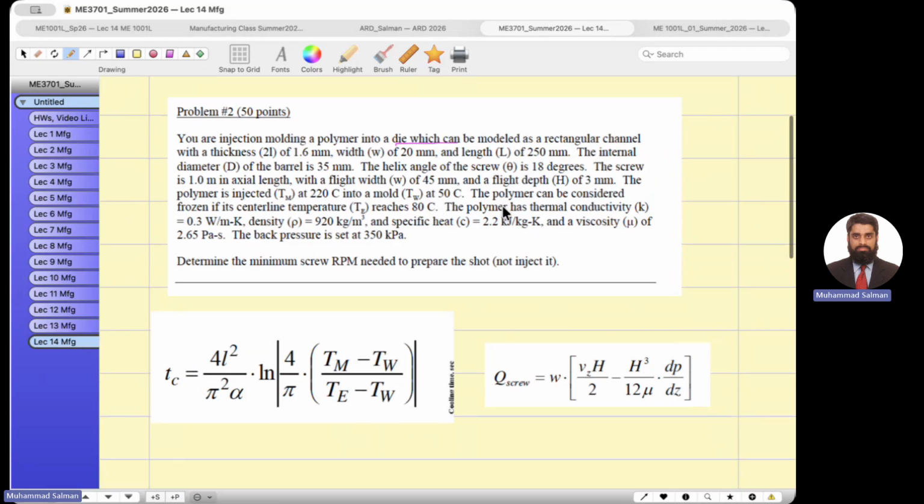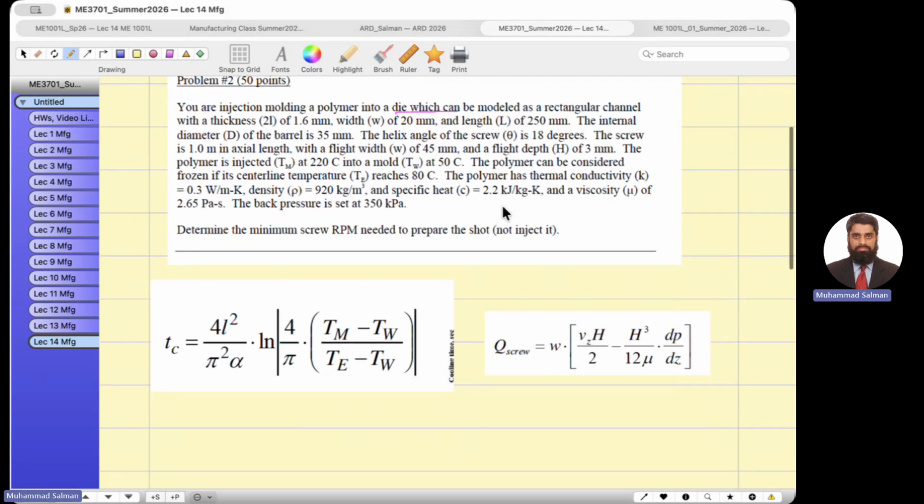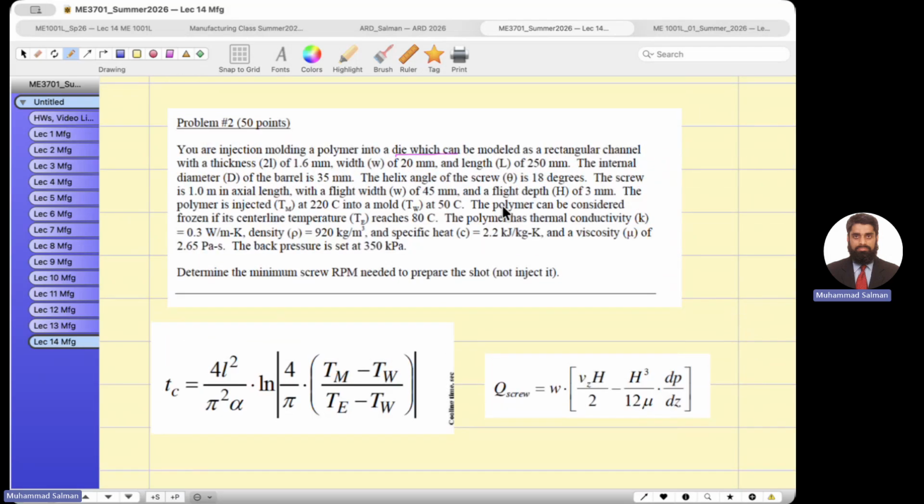The die can be molded as a rectangular channel with a thickness of 2L.